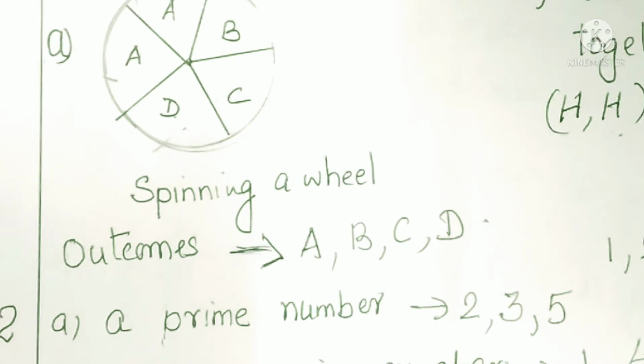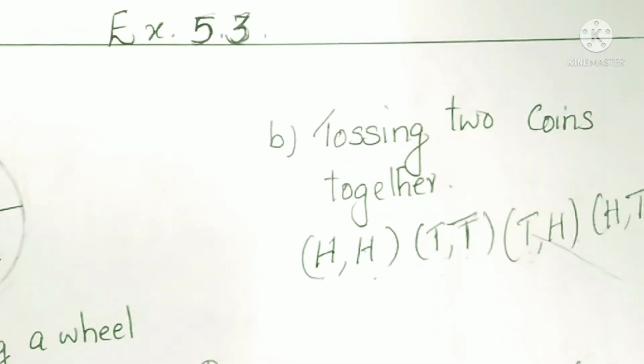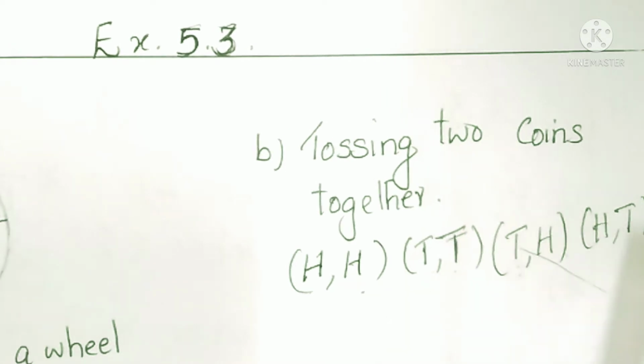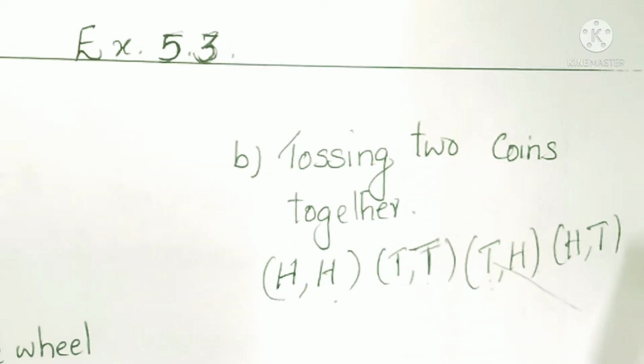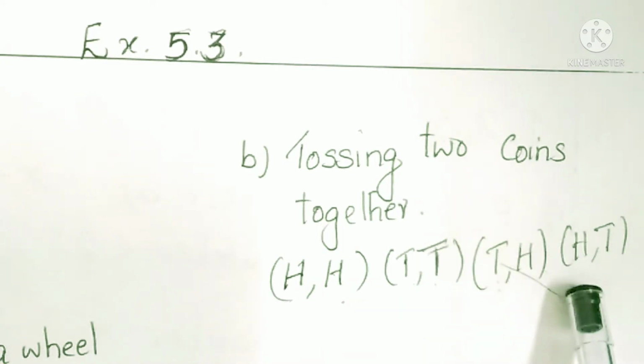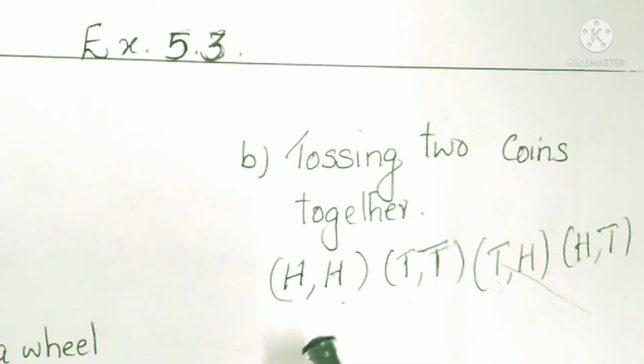The second experiment is tossing 2 coins together. The coins are tossed together, means together you toss 2 coins. What are the outcomes that you can get?